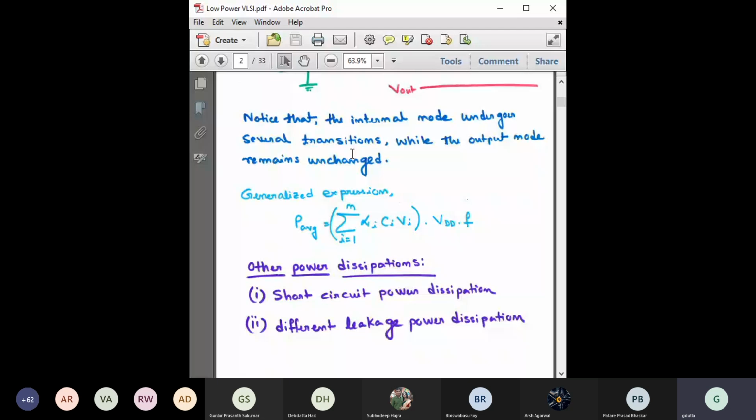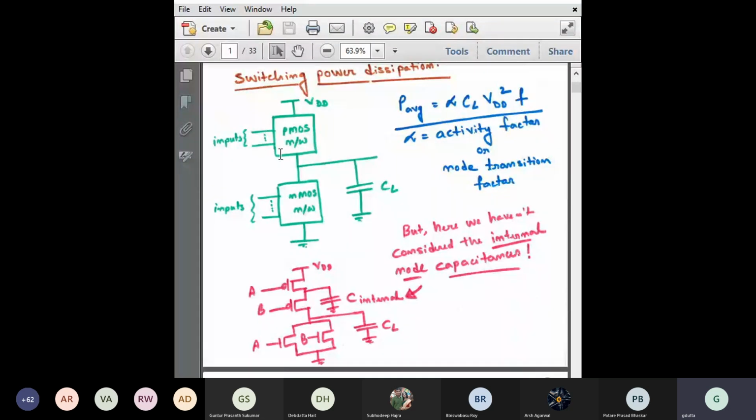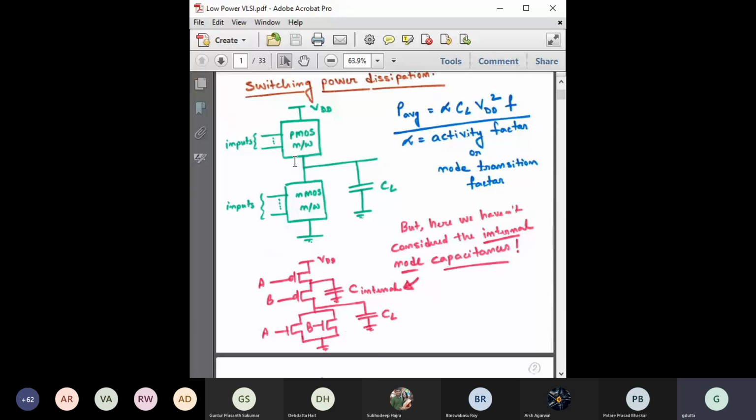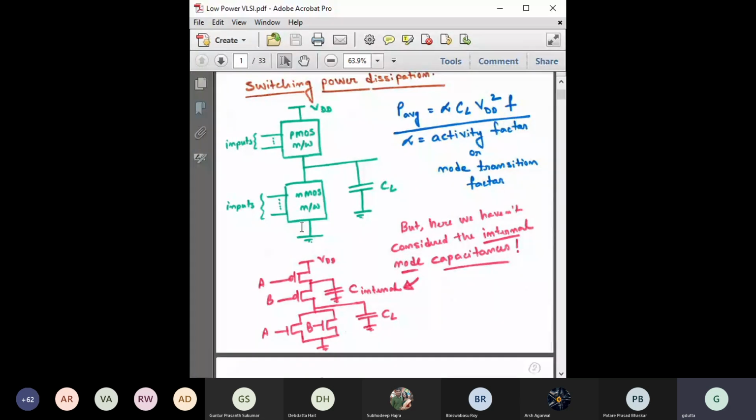Other than switching power loss, there are short circuit power dissipations. If you consider an inverter, PMOS here and NMOS here, then when the input is changing from 0 to VDD, at a certain point, think about the voltage transfer characteristics, both the transistors would be on, and there will be a direct path between VDD and ground.